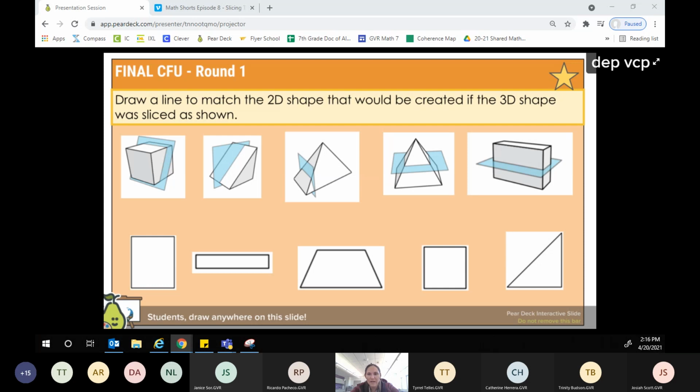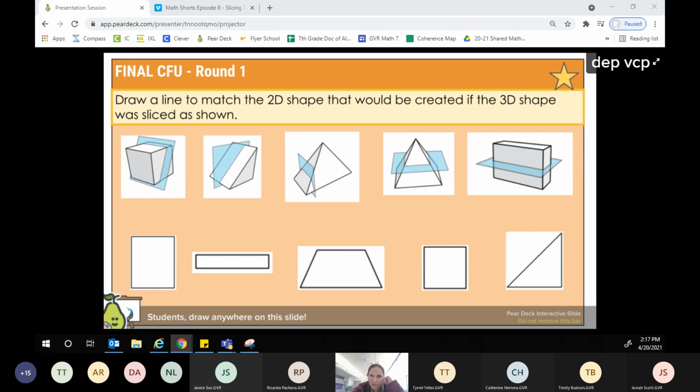I think I caught everyone that made that mistake, but let me just check again. Oh, I know this is a little weird to visualize.